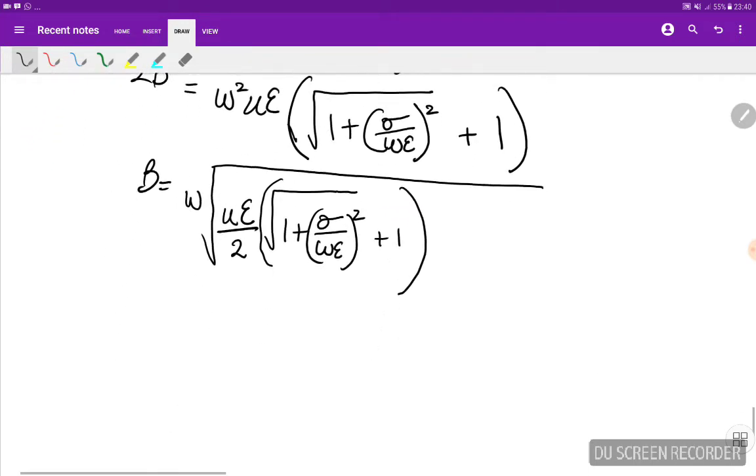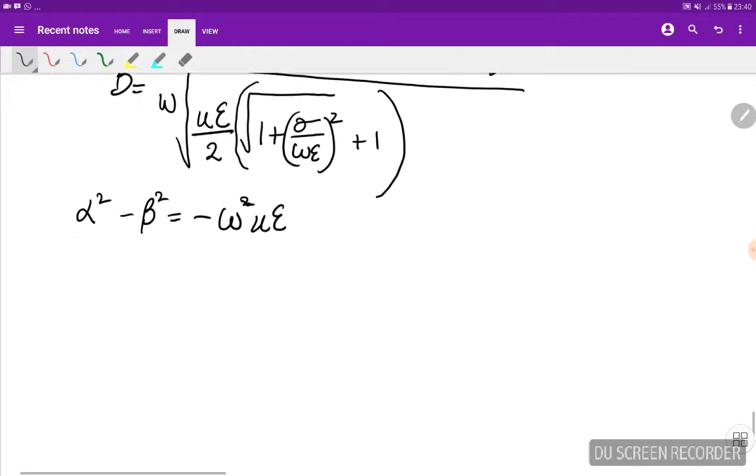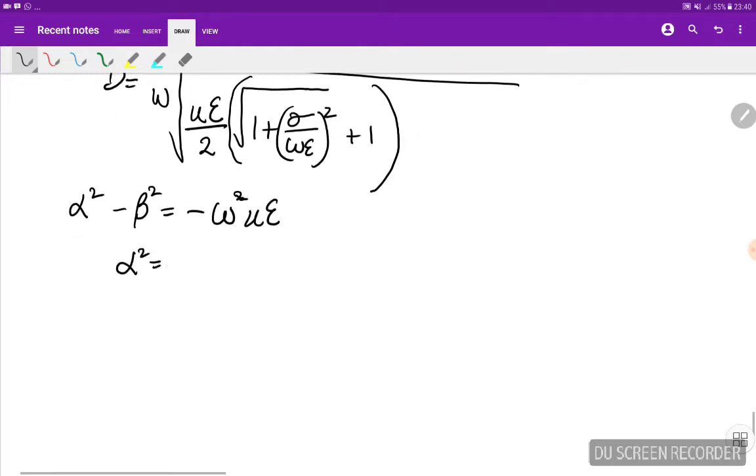But if alpha squared minus beta squared is equal to minus ω² με, therefore alpha squared is equal to minus ω² με plus beta squared.